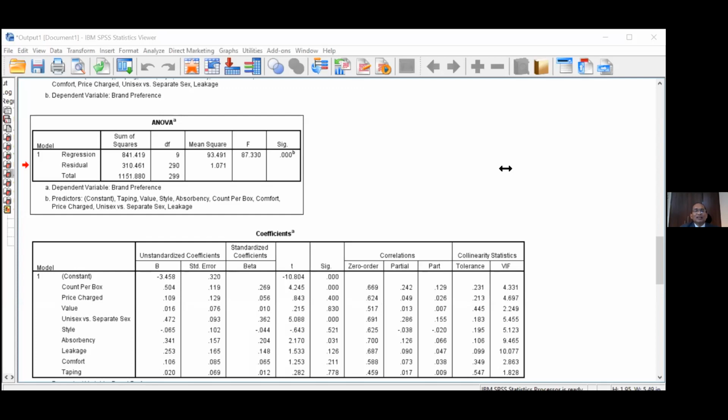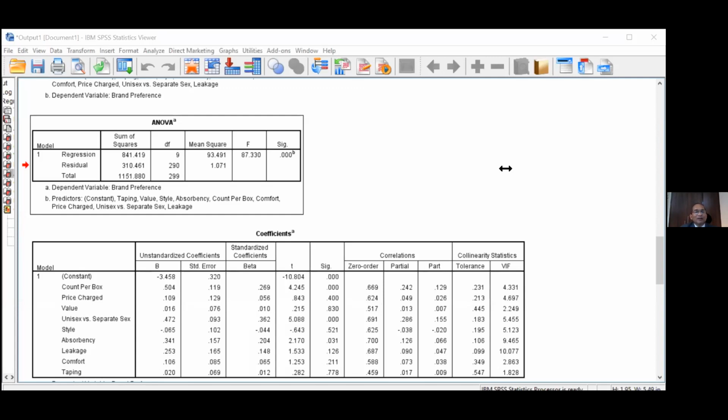Since the mean square takes care of the number of independent variables. So whether it is 9, 10, 5 or 20, the mean square has taken that into consideration. So F value does not depend on that. The p value is dependent upon the degrees of freedom. 290 is 299 minus 9.